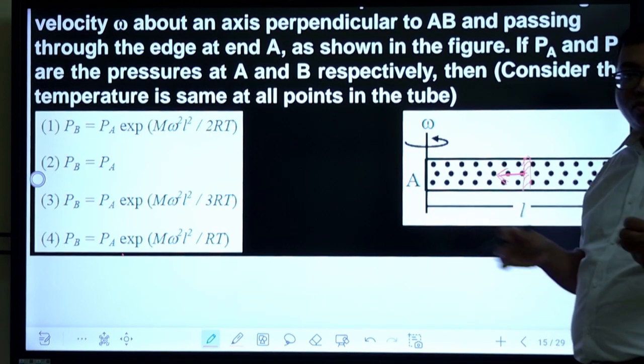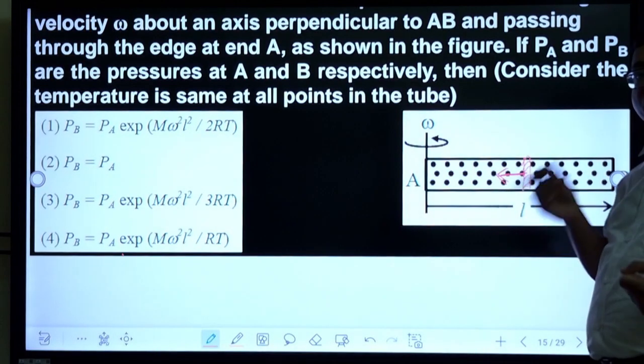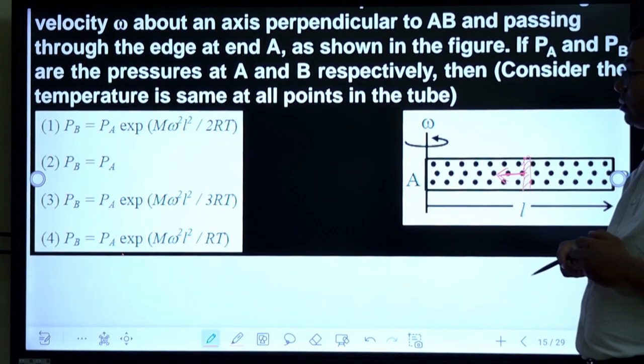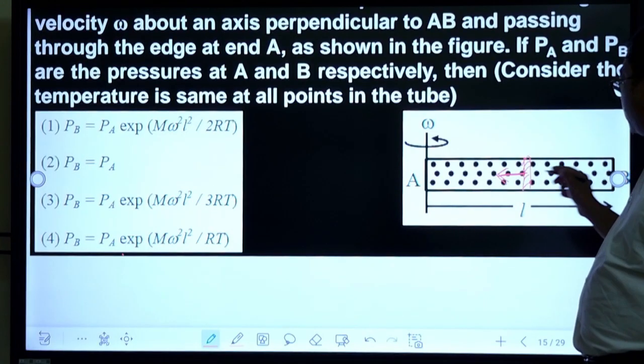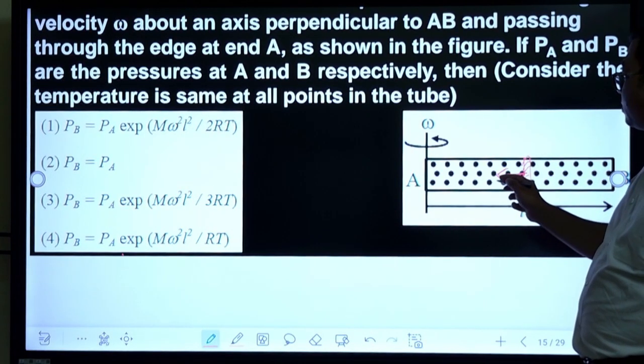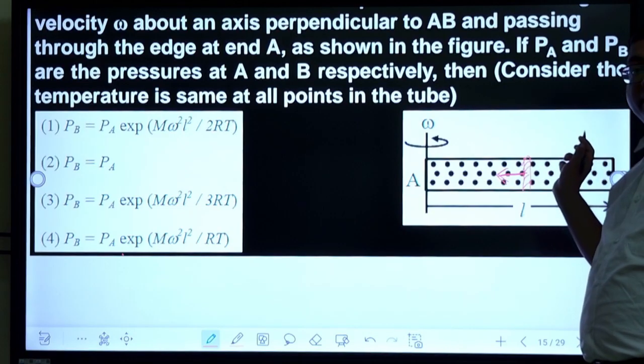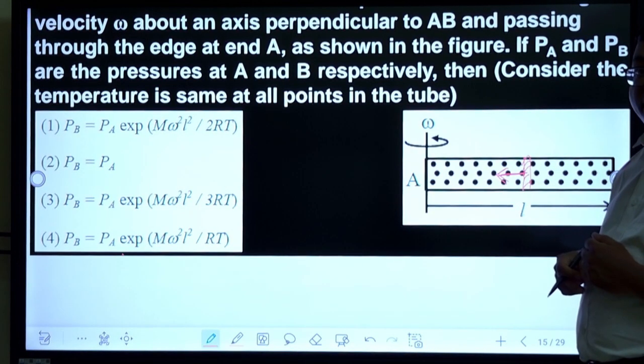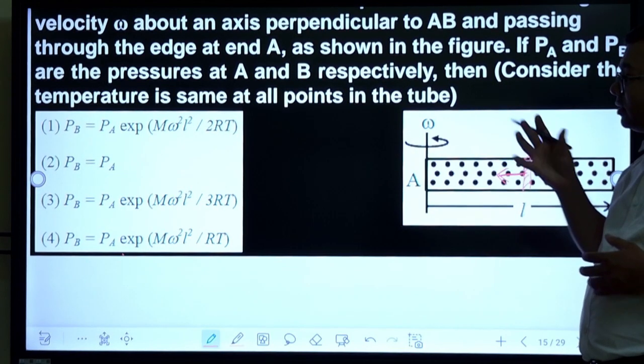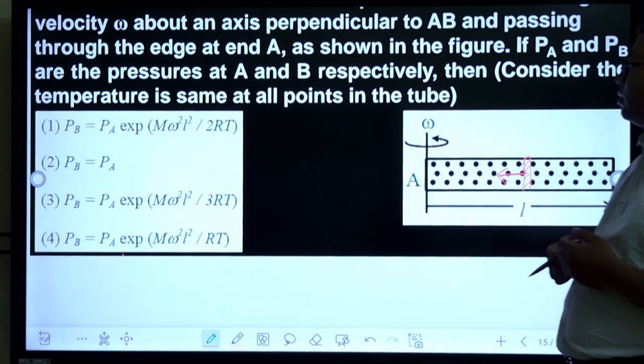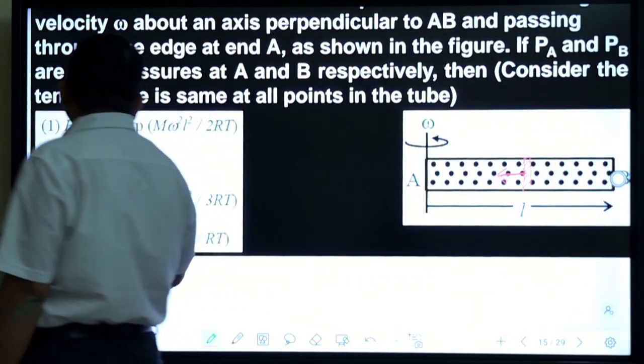It has to have a centripetal acceleration or centripetal force. So this side pressure must be larger than this side pressure. So pressure at point B should be larger than pressure at point A. Can we reject wrong options? Definitely this is not going to be correct.